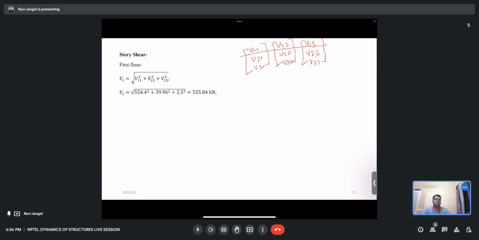So for the first story, for the second, and for the third. This way you can calculate the story shears here.